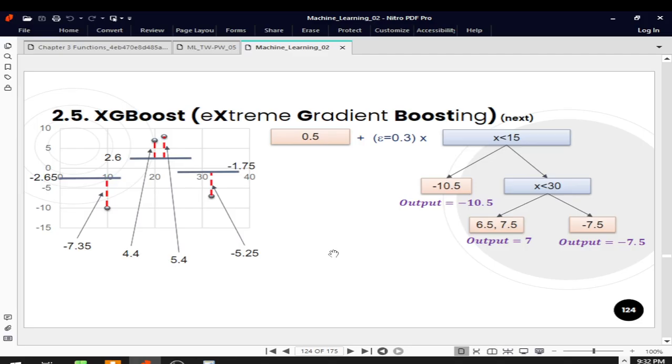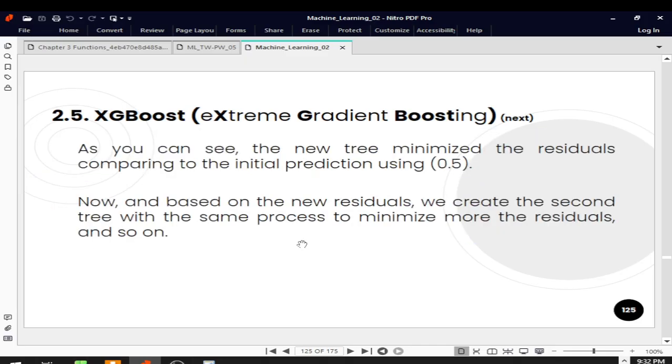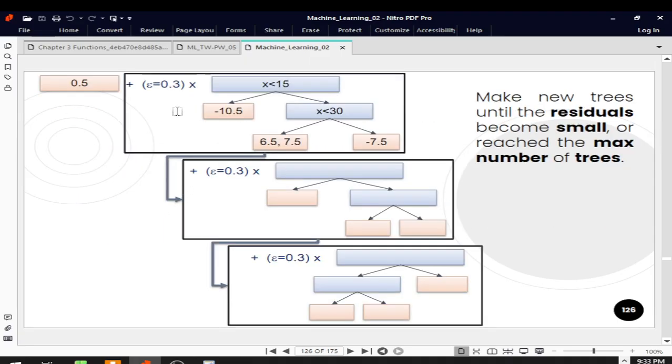Then we do our predictions, we calculate our residuals and see how small they become. Based on the new residual, we create the second tree with the same process to minimize the residuals more, and so on.